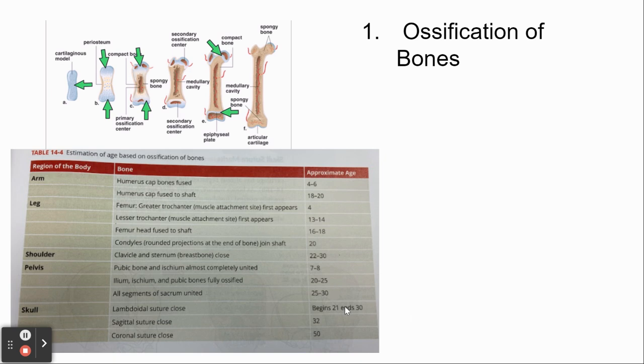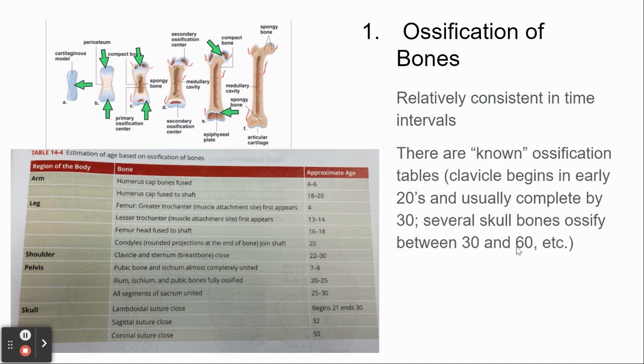But some of these, you notice, like you've got a 9 year period of time, 5 year period of time, 5 year period of time, 8 year period of time, right? So there's big ranges for some of these, and so it doesn't create a perfectly exact guesstimate. But these are relatively true for most individuals.